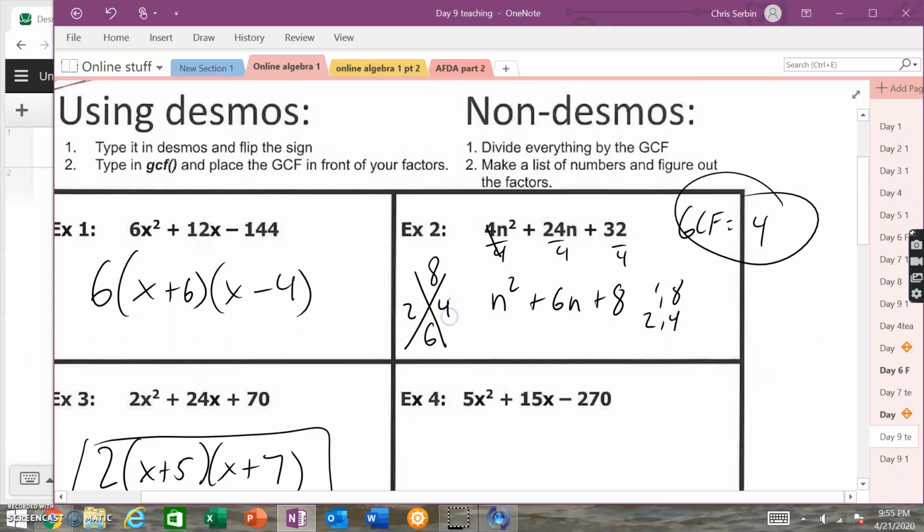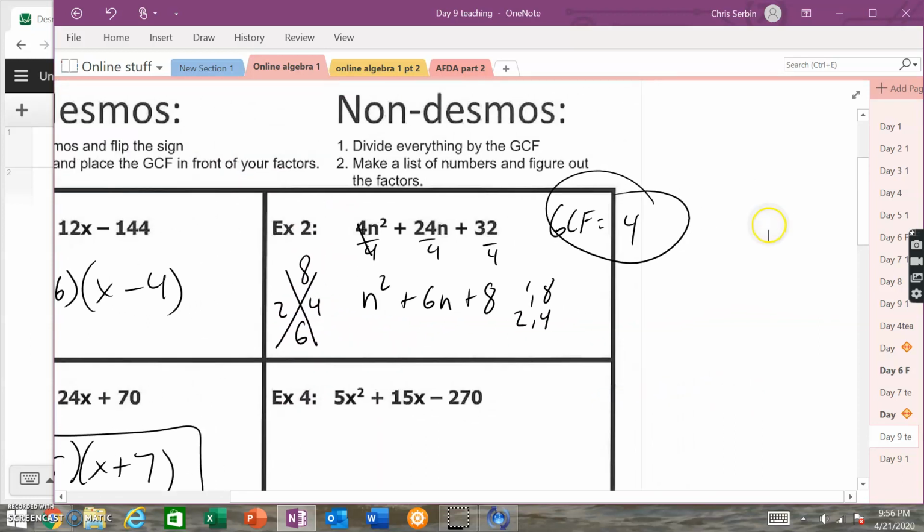So 2 and 4 are my side numbers. And then I can always double check. 2 times 4, that's positive 8. 2 plus 4, positive 6. I have solved it. Going off to the side here, I write x. I usually use x. N was in this problem, but I have x plus 2, x plus 4.